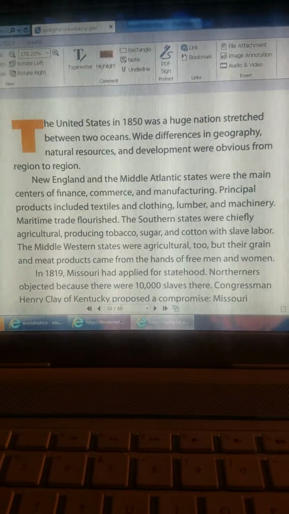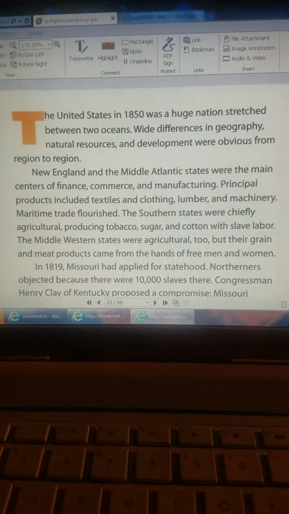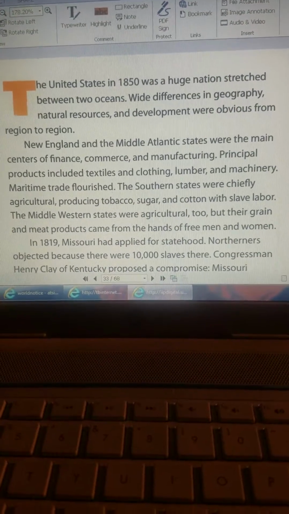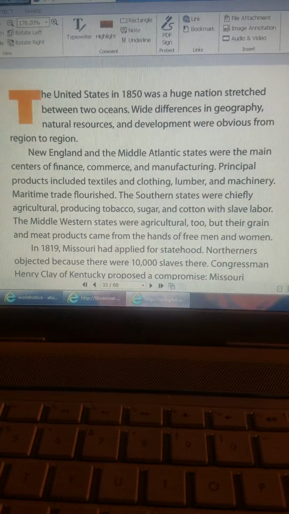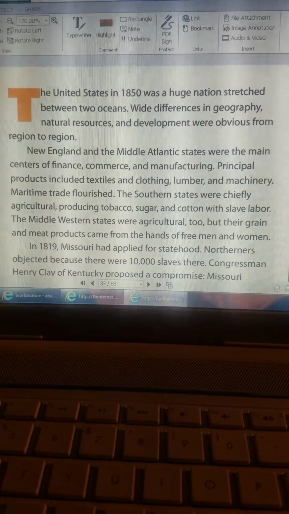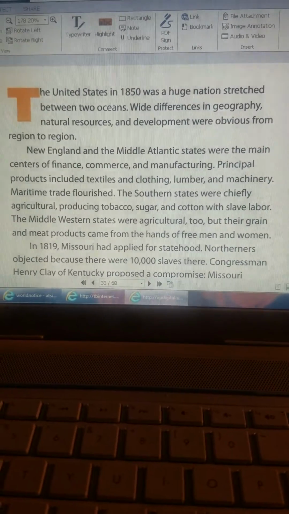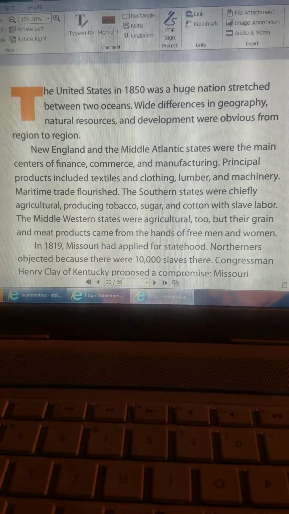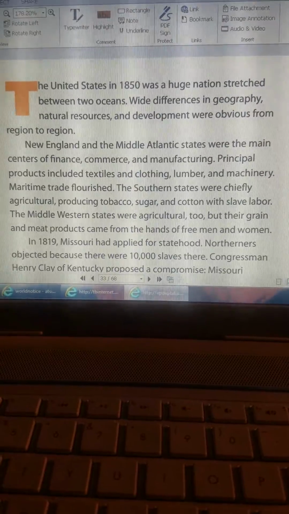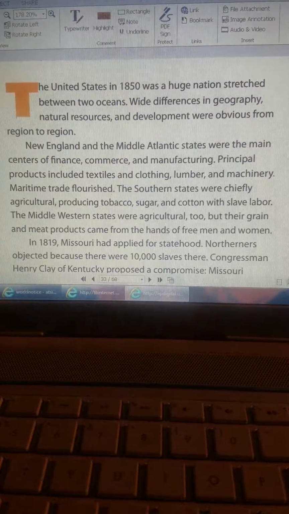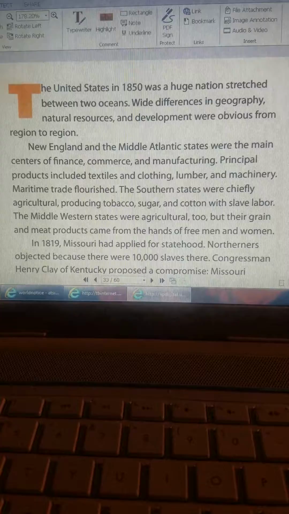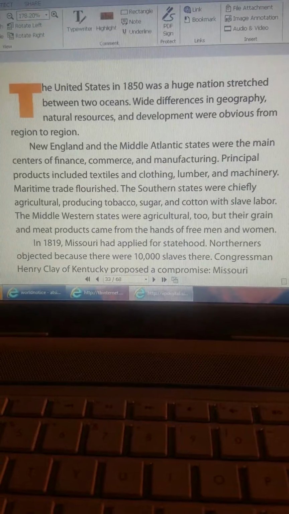And this is sectional conflict. The United States in 1850 was a huge nation stretched between two oceans. Wide differences in geography, natural resources, and development were obvious from region to region. New England and the Middle Atlantic states were the main centers of finance, commerce, and manufacturing.